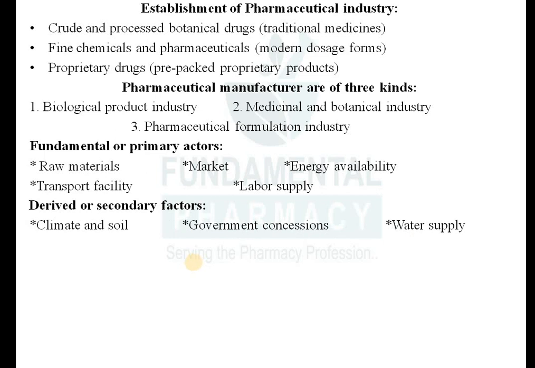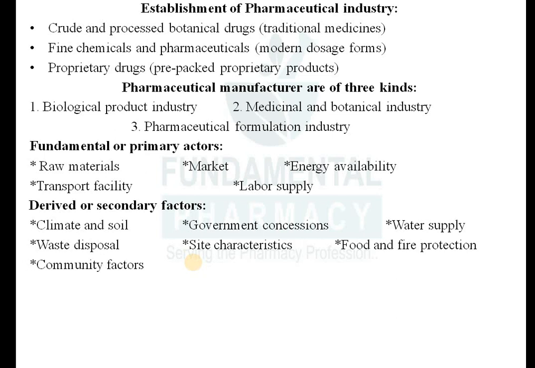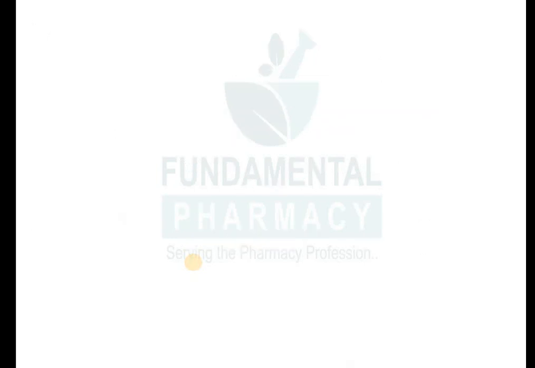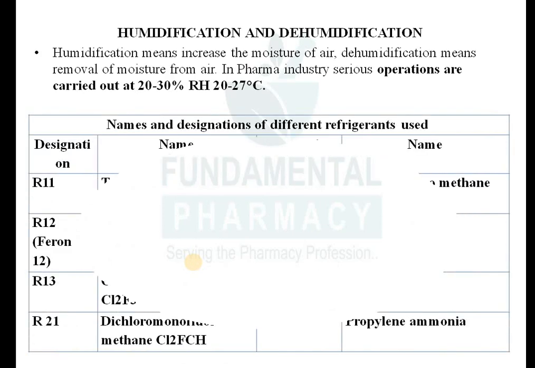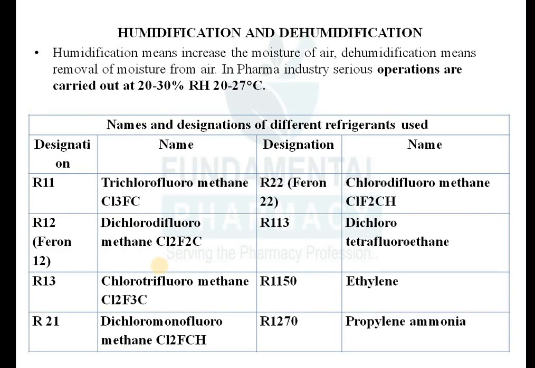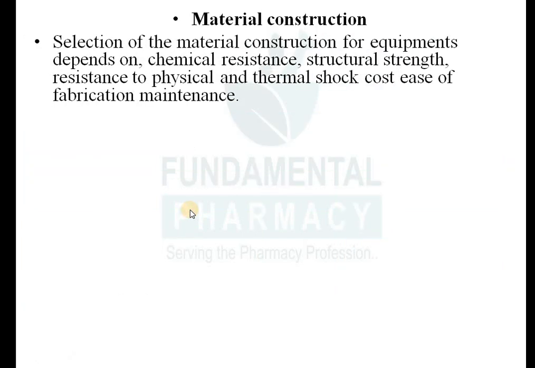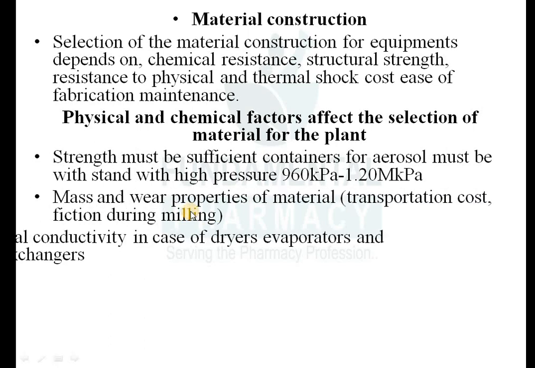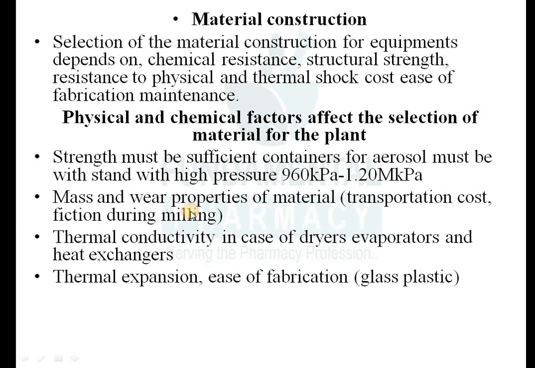Then government, consistent water supply. Then waste disposal, site characteristics, fire protection, community factors like that. Okay, so we have seen this. Then we have seen humidification and dehumidification. We have seen different types of refrigerants and their designation. Then we have seen material construction. Okay, material construction, we have seen factors affecting the selection of material for construction.